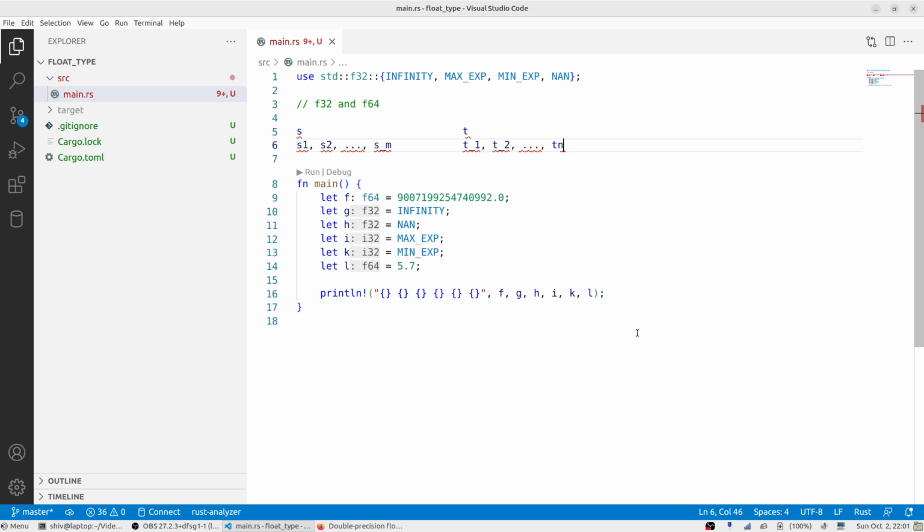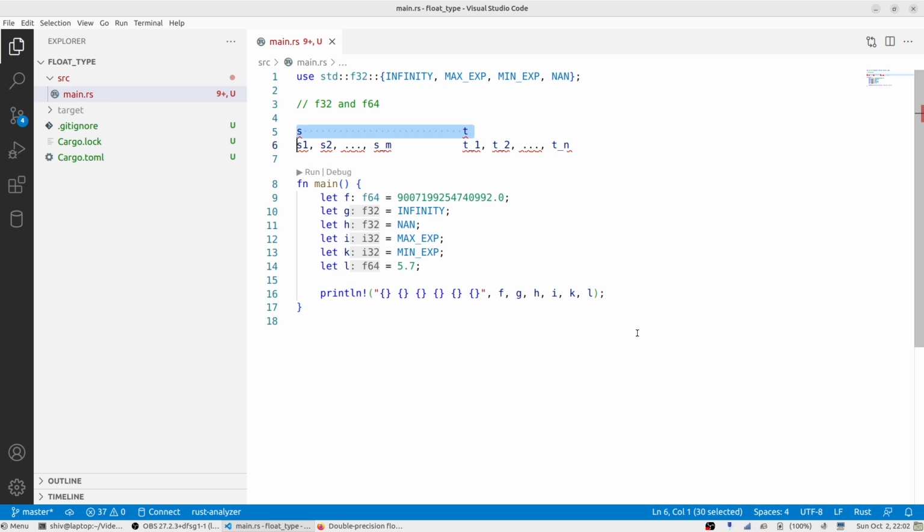Then mathematics says that S1 up to Sm should be a subset of T1 up to Tn. Only then a fraction in base S will be terminating in target number system T.